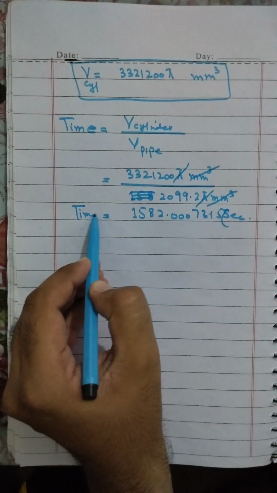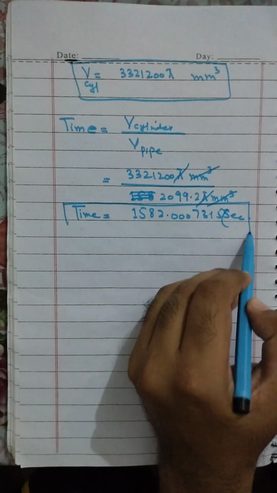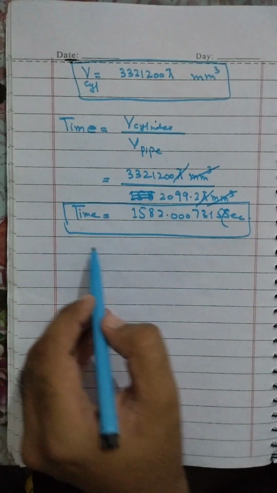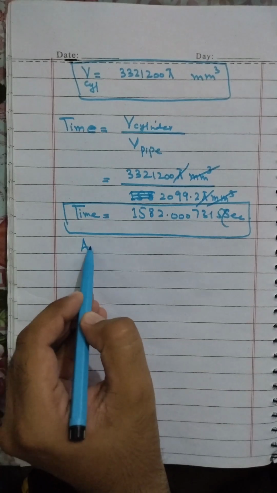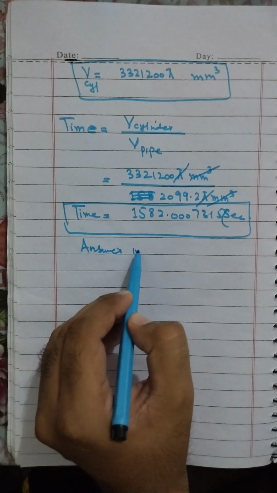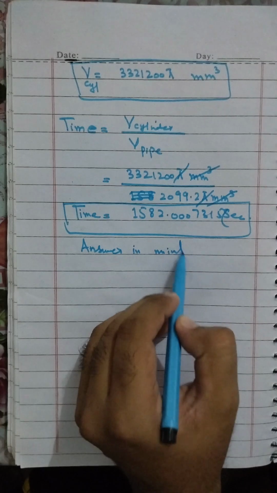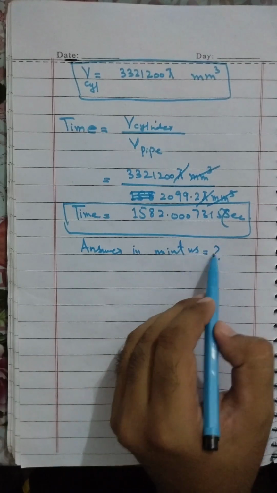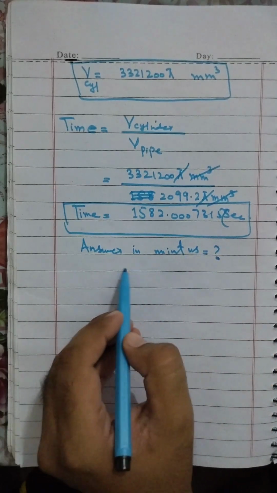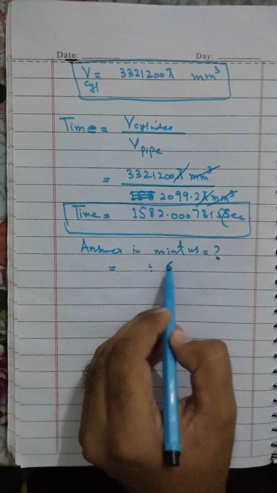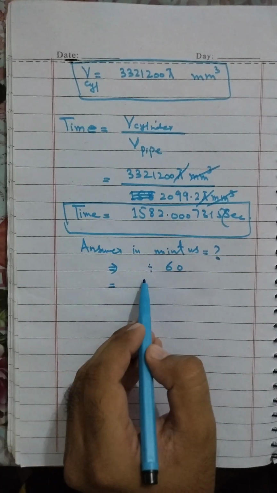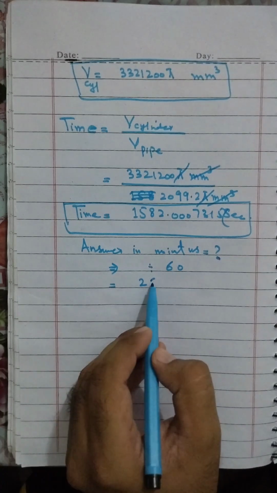So this is the time required to fill the cylinder, but he is demanding the answer should be in minutes. Okay, for that what we have to do, simply we will just divide it by 60. We get it, so it will become 25 point something.